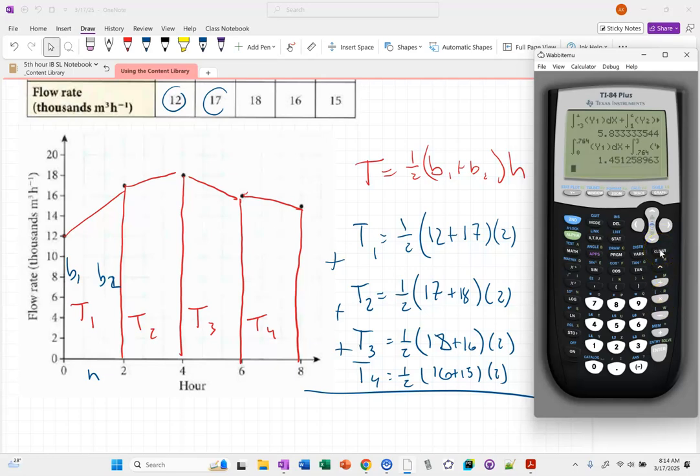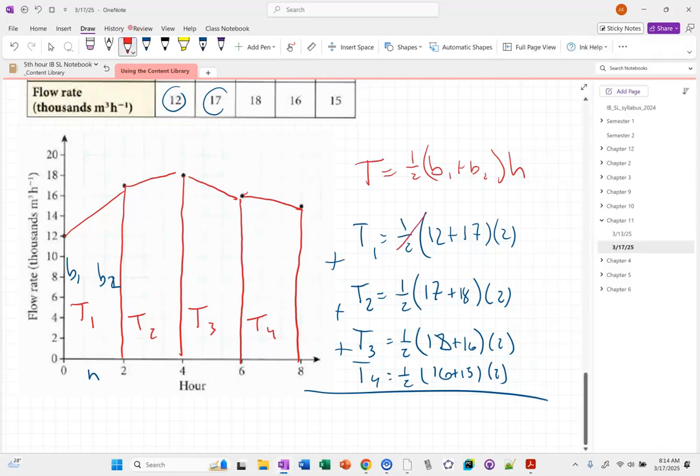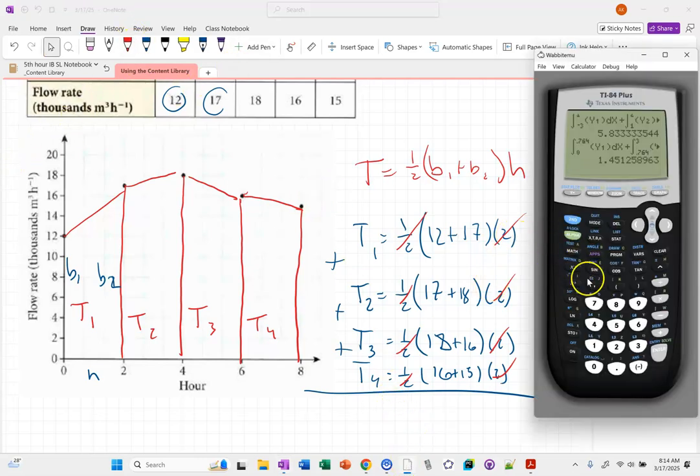Oh, and you know what I'm going to do here to make it easier typing in my calculator? I'm going to notice that those guys all just cancel out, right? The twos and the 1/2. So not that you need to do that, but boy, howdy, that makes it easier to type into your calculator, because you cut down on like about 1 million keystrokes doing that, and I am all about making my life easier.